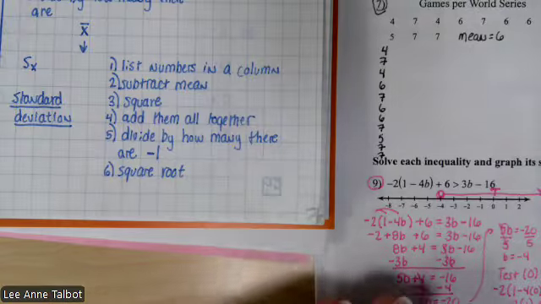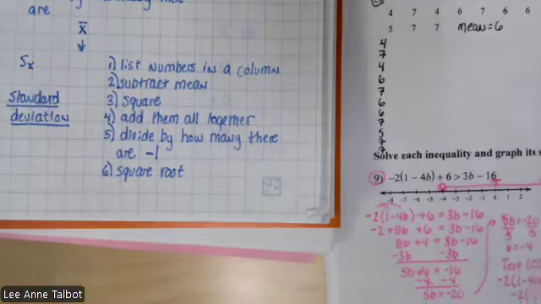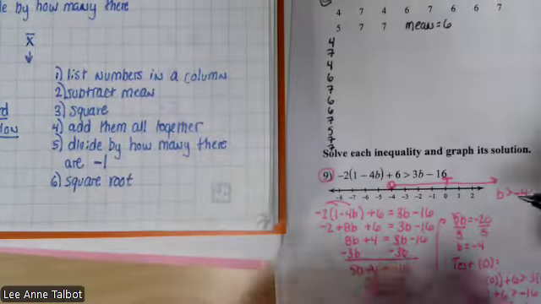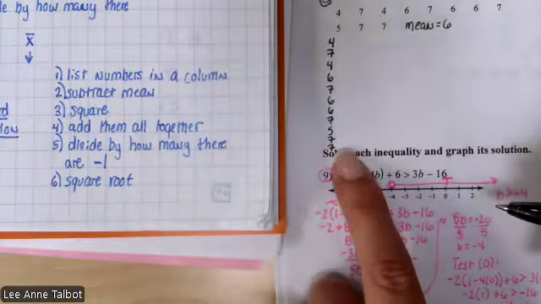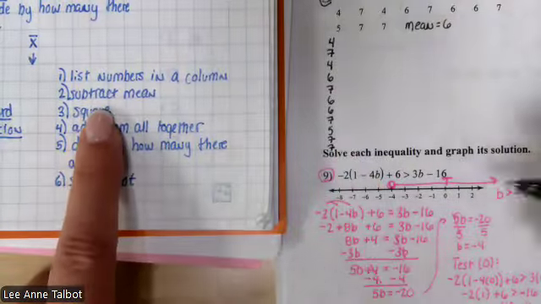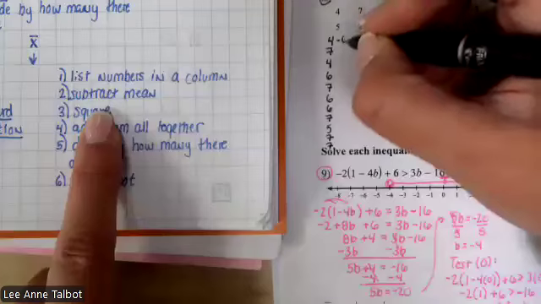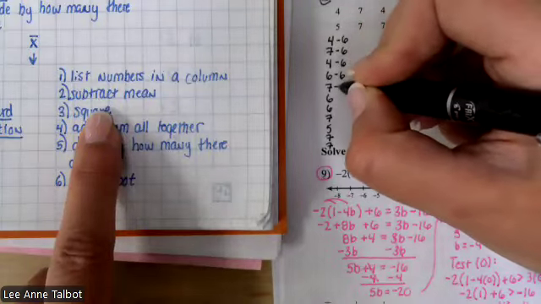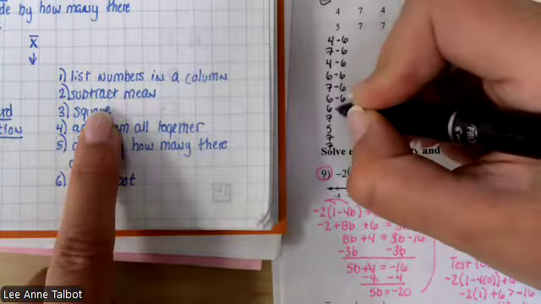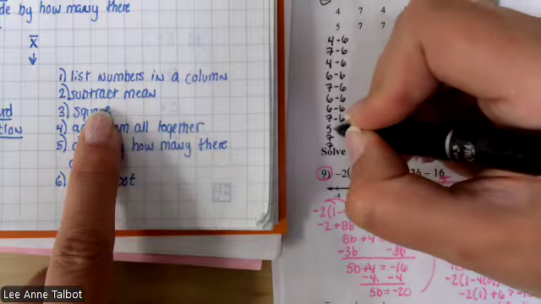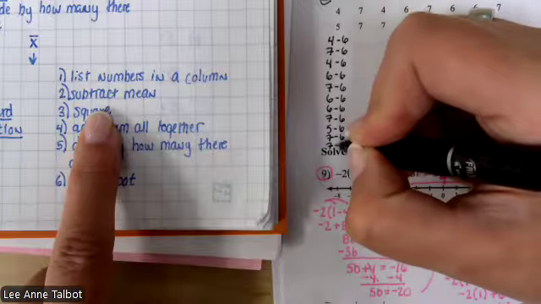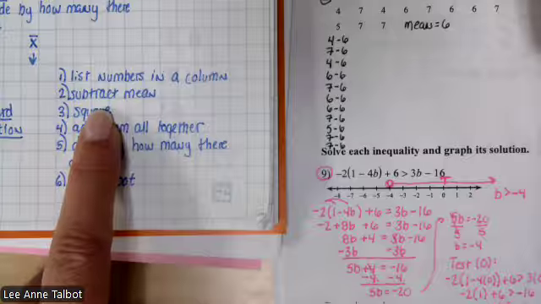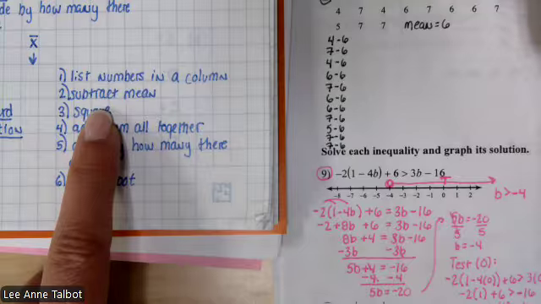Okay. This is going to be tedious, just so you know. First, list them in a column. Number 2, subtract the mean. I really like how my list got smaller as I got further down in the thing.